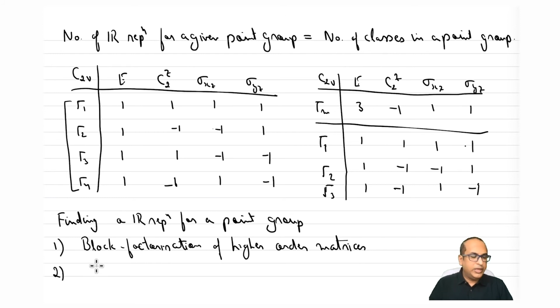The second way is to do it by changing the basis sets. Instead of taking xyz together, we went to unit vector transformations, and we saw that a single unit vector gave us the irreducible representations. So what we did, we changed the basis sets there, right?